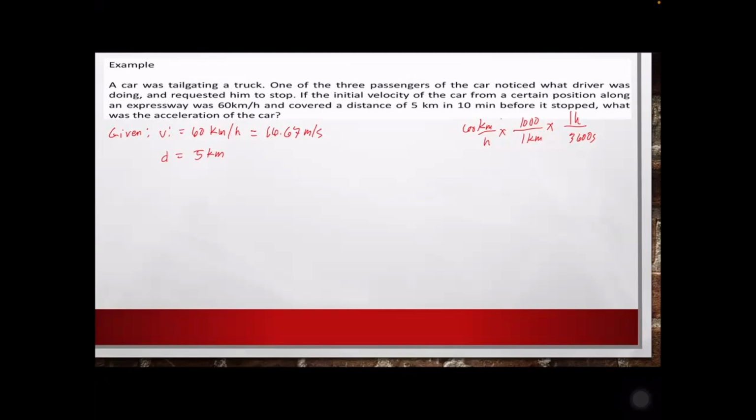Kailangan ba natin ito i-convert o hindi? Kailangan po. 5 kilometer times 1 kilometer, 1,000 meter. What's the answer?